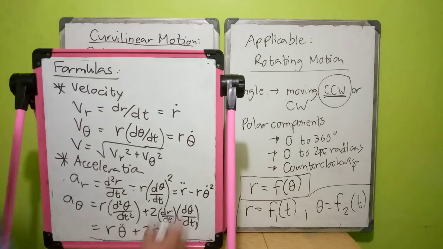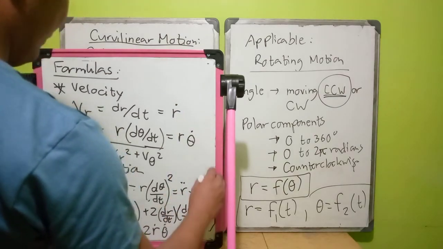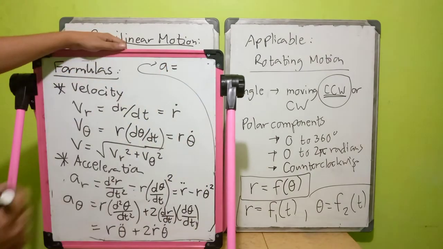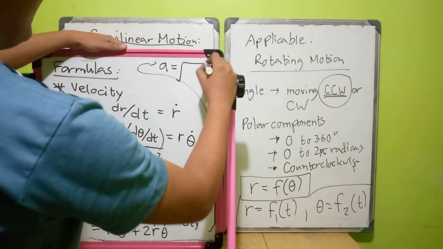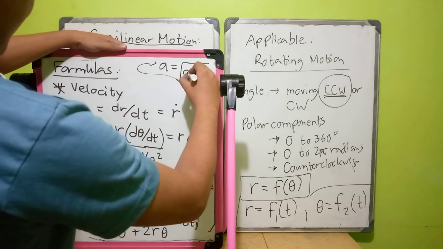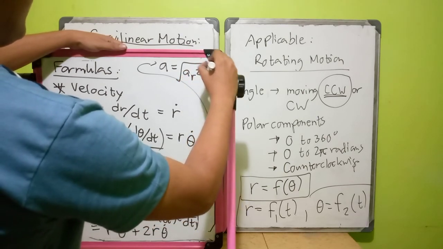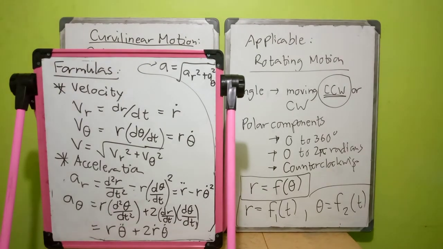And also, your a is equivalent to the square root of ar squared plus at squared. That is how we compute your ar and your at.